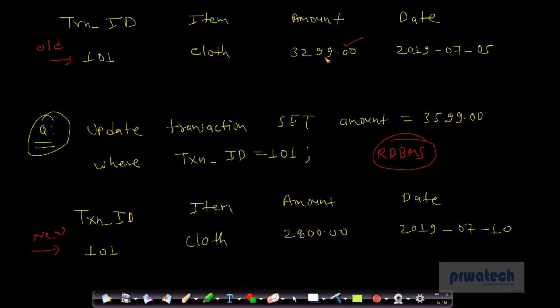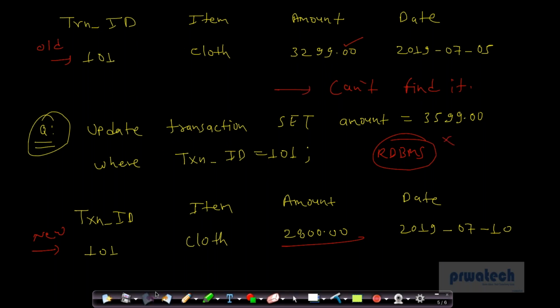Because they have updated this result, so the previous data has been deleted, overwritten by this value. So I cannot find it. Remember this: in RDBMS, there is no provision to check it.